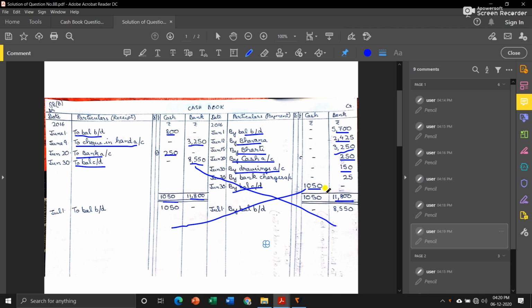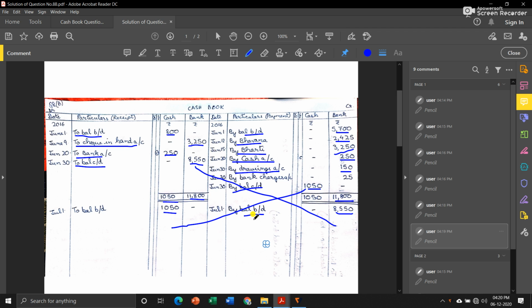Okay, see, cash side we have balance carried down on credit side, so next month it will come on the debit side. And since for bank column we have carried down on the debit side, in the next month it will come to the credit side as balance brought down. So this is how you are supposed to do it for different types of balance carried down.